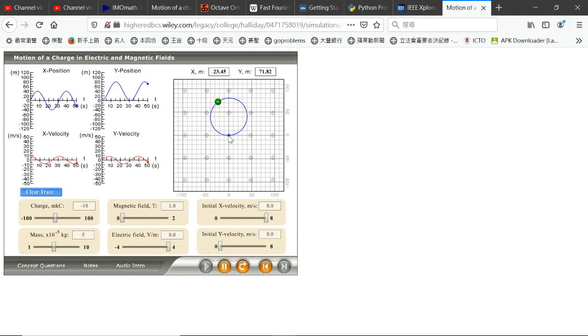So it will try to turn to the upper side. As it turns to this point, v points upward, so v cross B points to that side. This is negative, so the force points to the left side. So it keeps turning this way, and in the end it will have a circular motion.